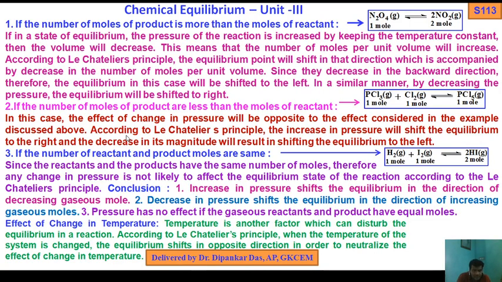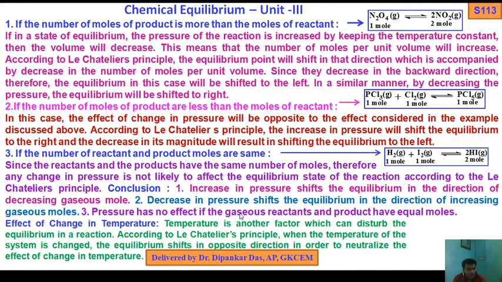So we have discussed here the change in concentration and change in pressure. In the case of pressure, you should remember that an increase in pressure shifts the equilibrium in the direction of decreasing gaseous moles, that is, where the number of gaseous moles decreases. Decreasing pressure shifts the equilibrium in the direction of increasing gaseous moles.